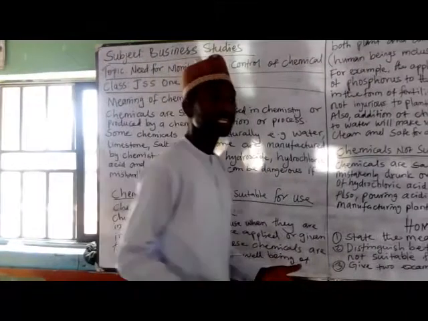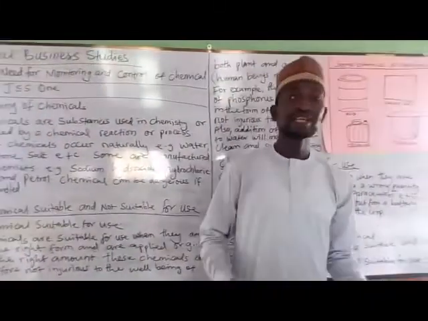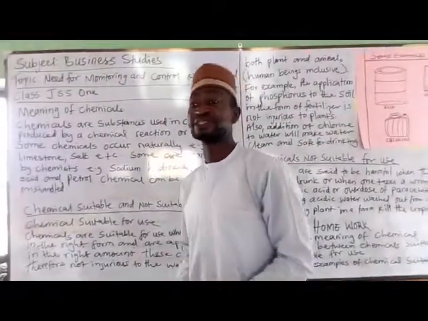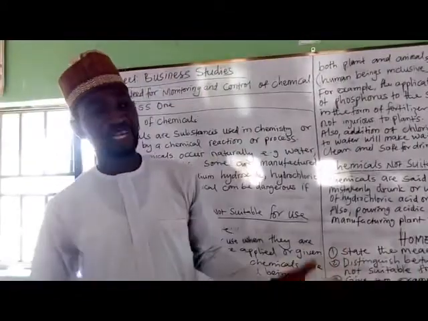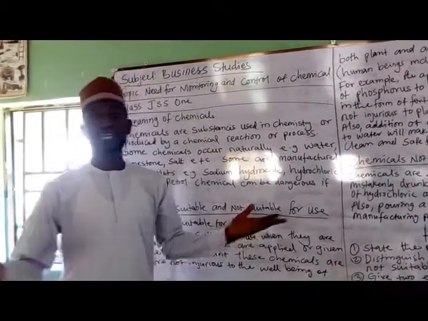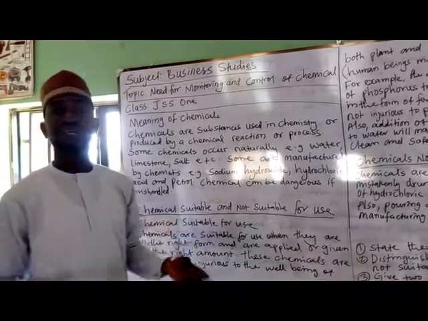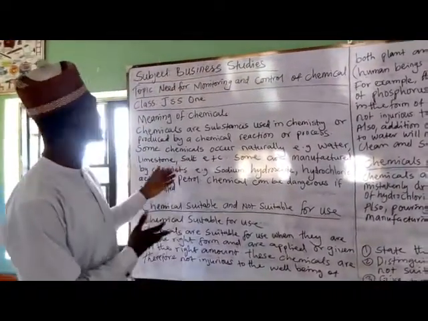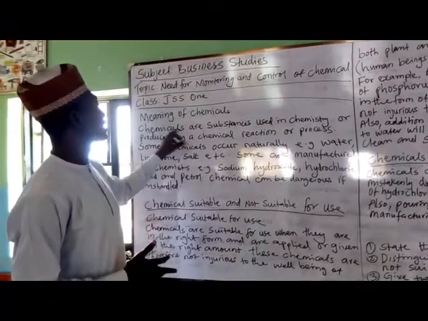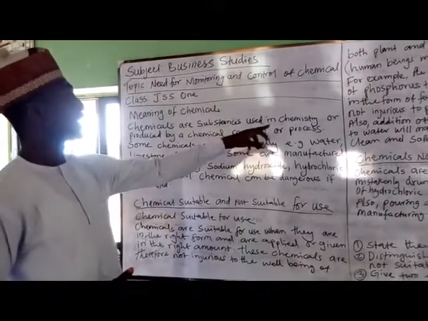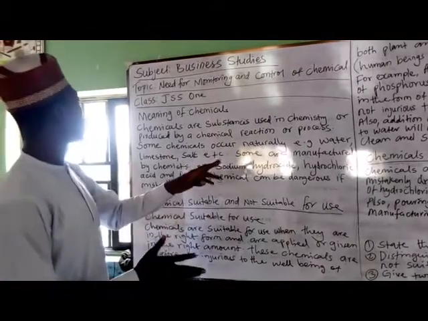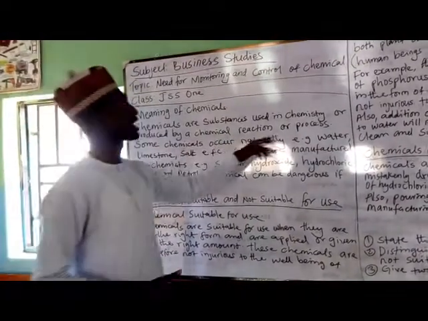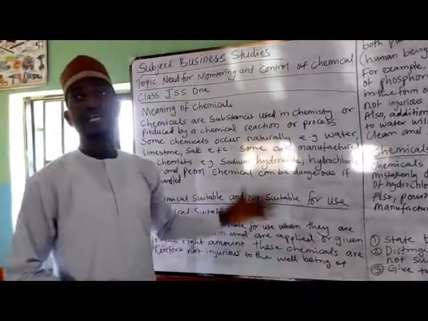Most of you will be hearing of chemical. What is this chemical? Chemical is not far-fetched from simple substance. Chemicals are substances used in chemistry or produced by chemical reaction or process.